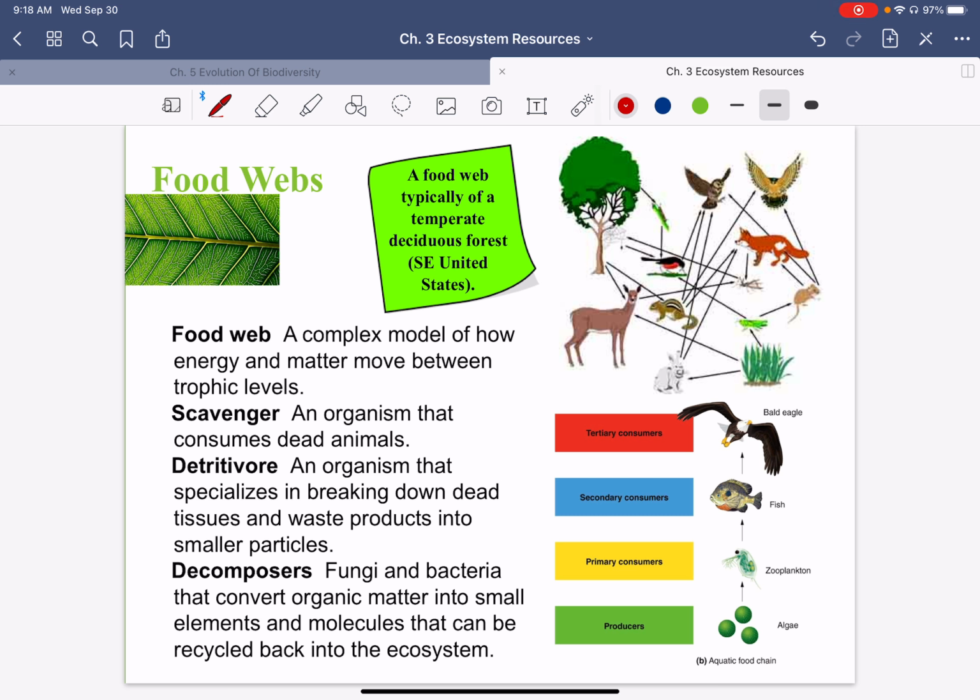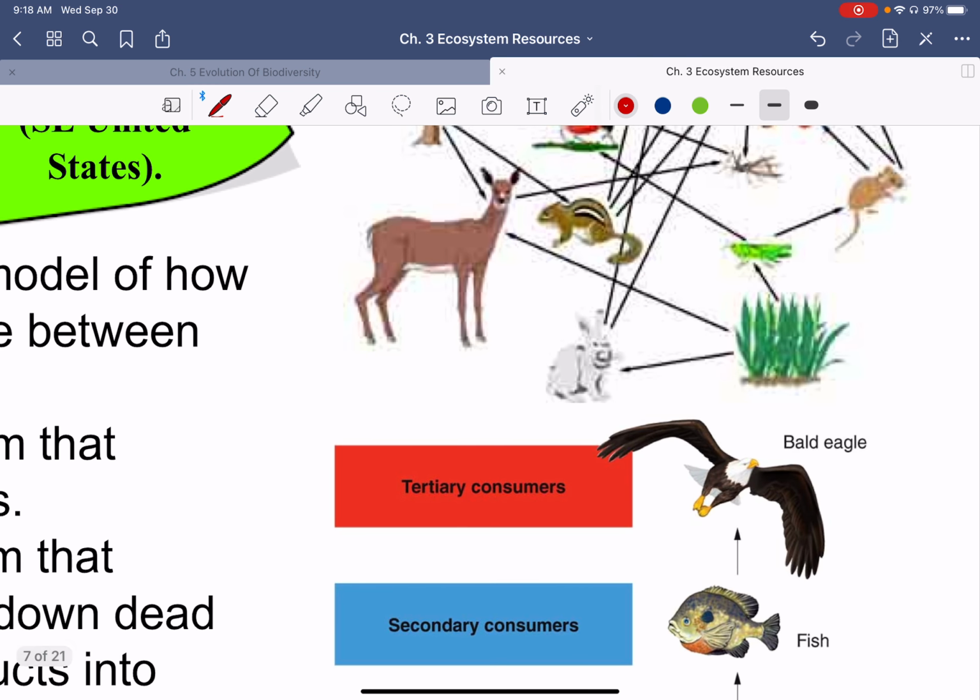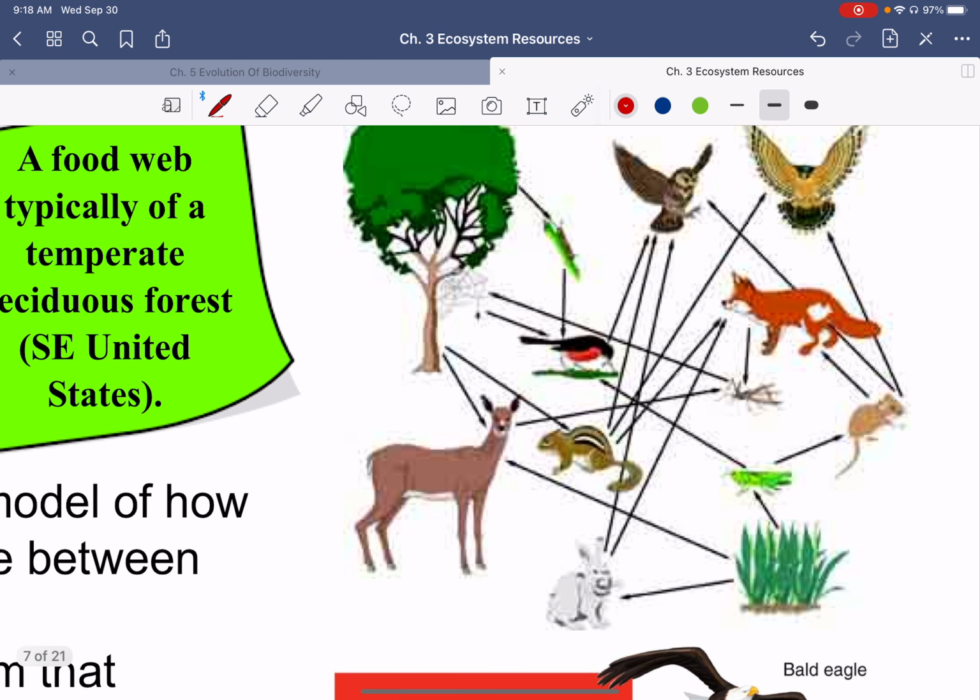And just like before, you see that we have these arrows that zoom in. We have these arrows that are showing the direction of energy flow. So we have grasses, rabbits eat the grasses. Okay, foxes eat the rabbits. Right?